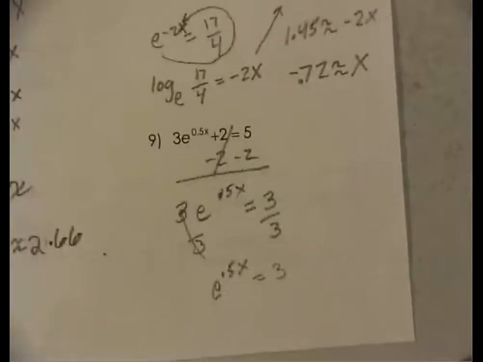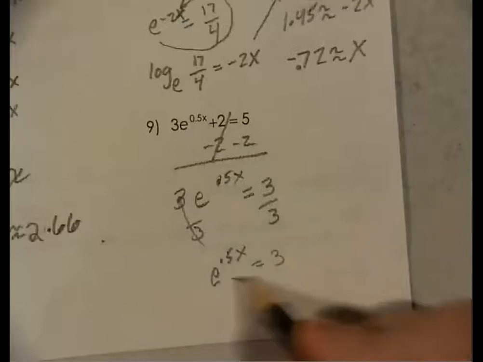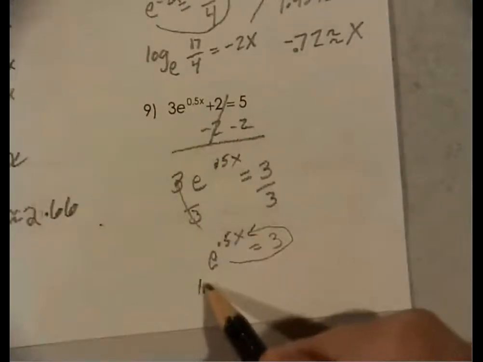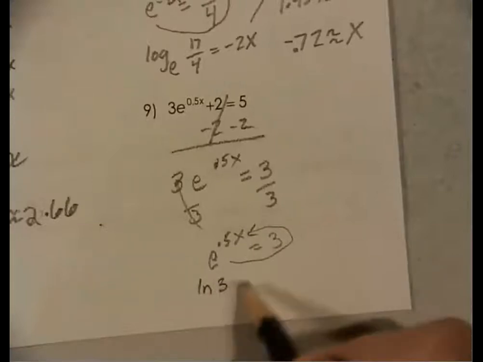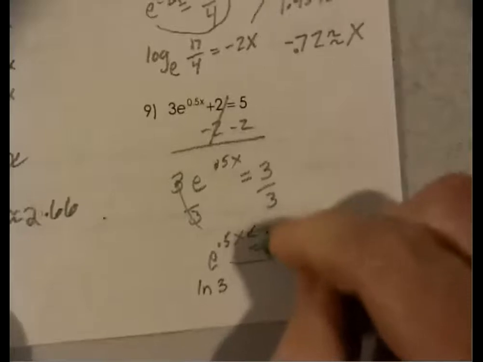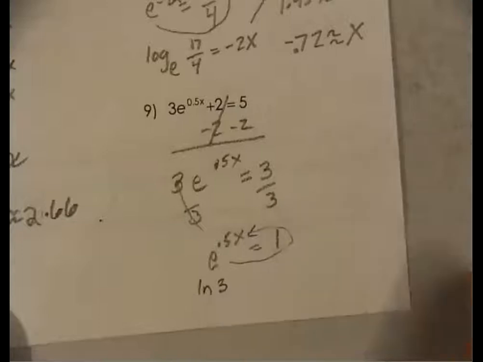All right, so here we're trying to solve for the exponent. So the exponent, to have a base of e, that's where we use a natural log of 3. Well, actually, it's not 3, is it? It's 3 divided by 3. 3 divided by 3 is 1.